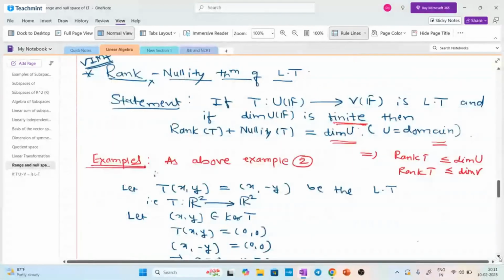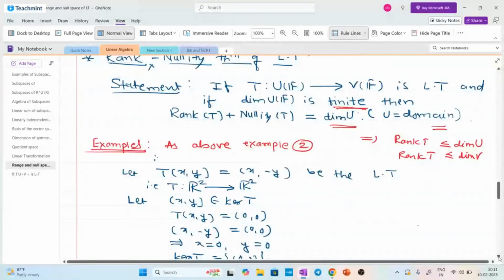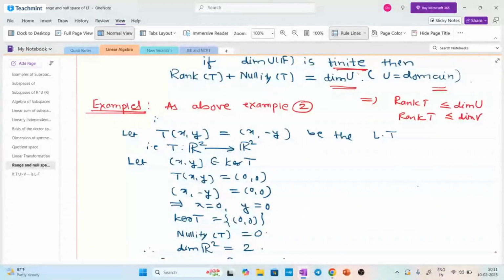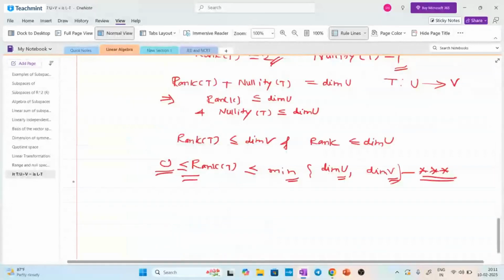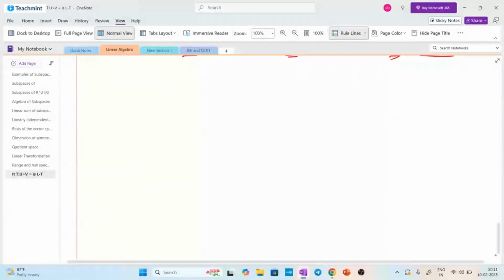Look, the above examples that we defined, example number 2, I will solve that example in this way and show you here. That is T of (x, y) is equal to (x, minus y). Right? Look here, linear transformation example number 2.